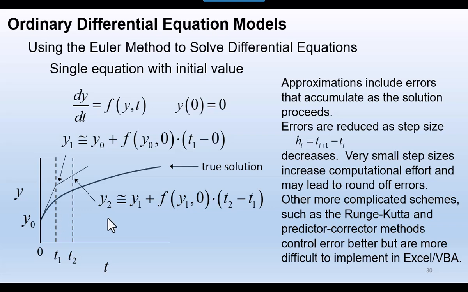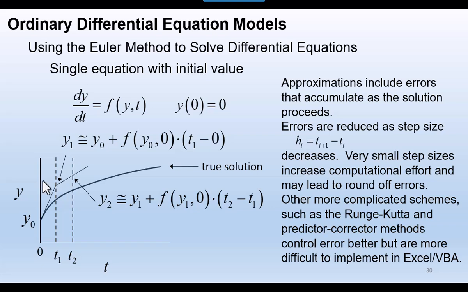And then what the Euler method does is it takes an initial value and the derivative at that initial value and uses it to project a straight line over a small interval of t in order to obtain an approximation of the solution. On the figure here, we've exaggerated the fact that this approximation creates an error between the estimate and the true solution.